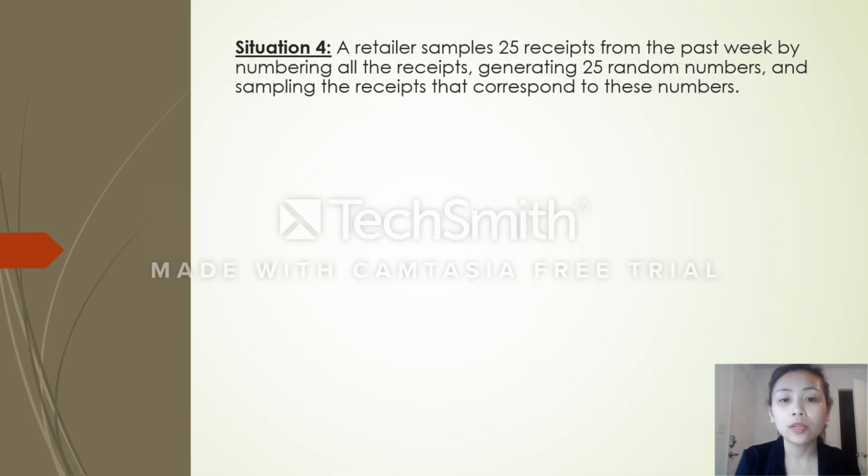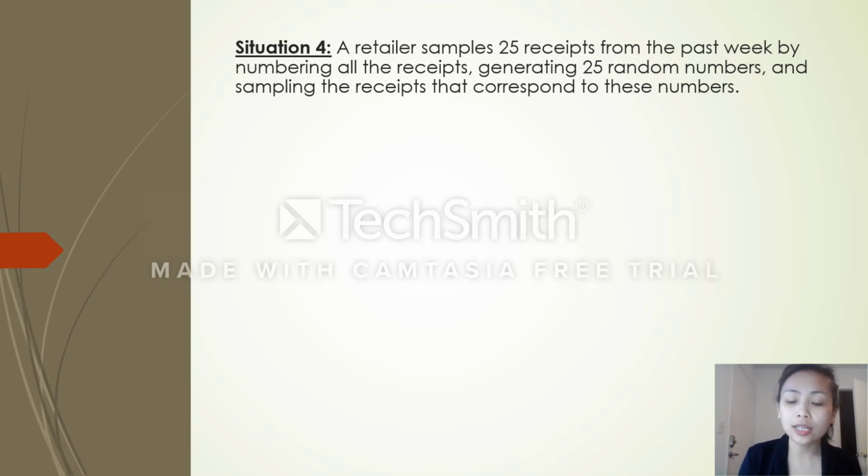Situation number 4. A retailer assembled 25 receipts from the past week by numbering all the receipts, generating 25 random numbers, and sampling the receipts that correspond to these numbers. So in this case, they use a computer to generate 25 random numbers of the receipts, and then collect the 25 receipts.